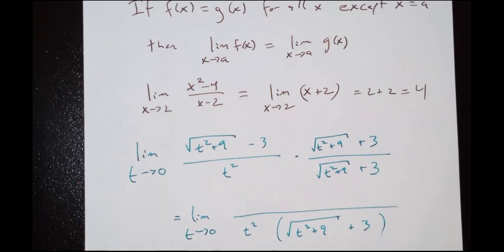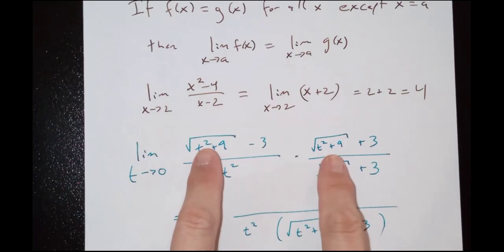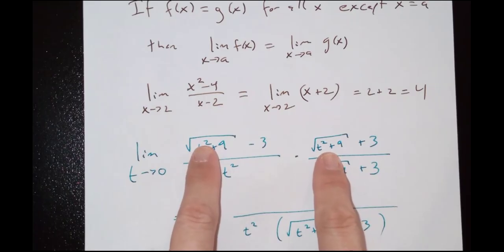I'm not even going to do anything with the bottom. I'm just going to leave it written just like that. But on top, what happens when I multiply these two expressions together? I'm going to distribute. So I have the square root times the square root. What happens? Thing times itself.